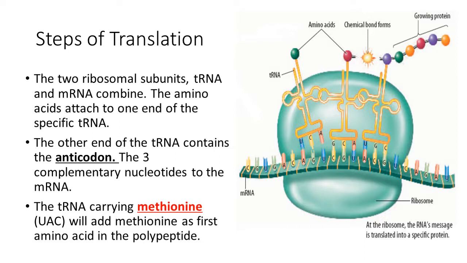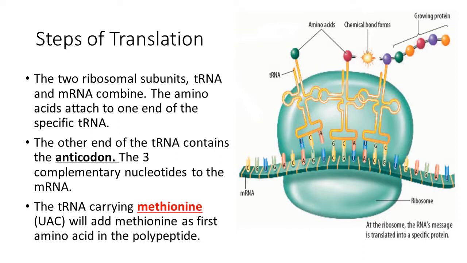The second tRNA, which carries a purple amino acid, has anticodon GCA, and it is complementary to CGU. The third tRNA, which carries a purple amino acid, has anticodon UGC, which is complementary to ACG.